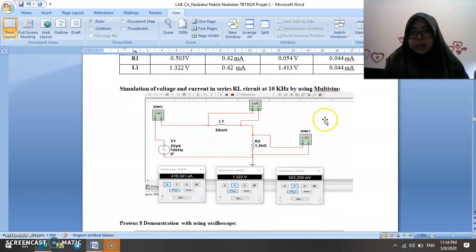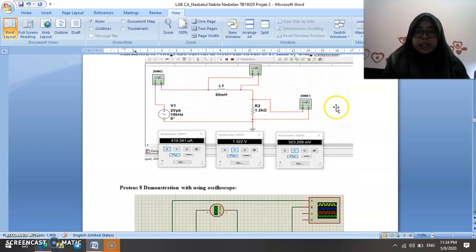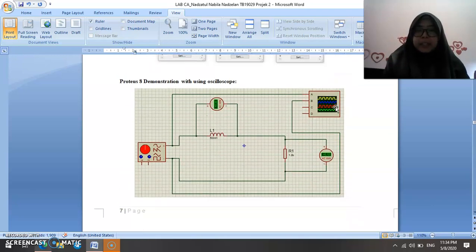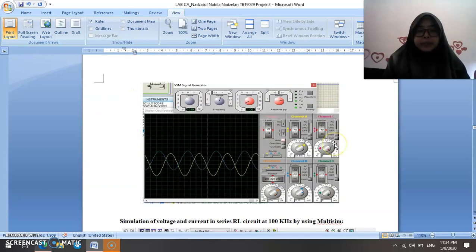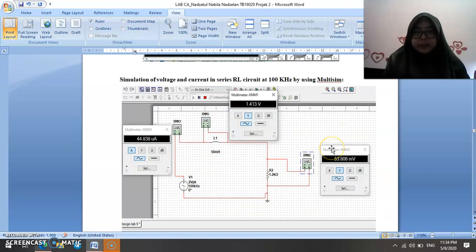This is the picture of the simulation by using Multisim. Meanwhile, this is the simulation using an oscilloscope in the Proteus 8 demonstration. This is the sine wave that I obtained from the oscilloscope.